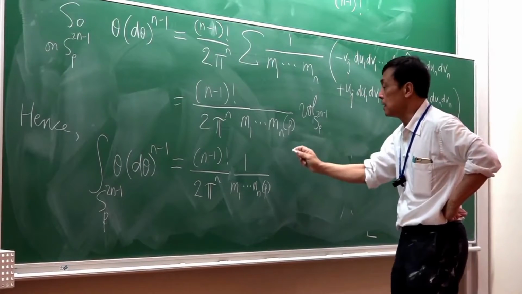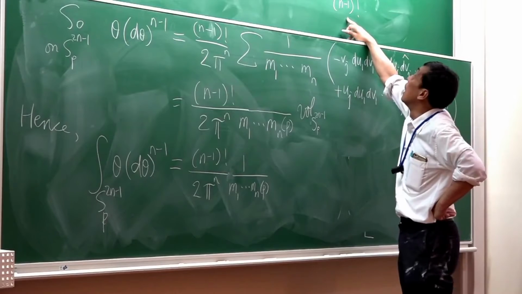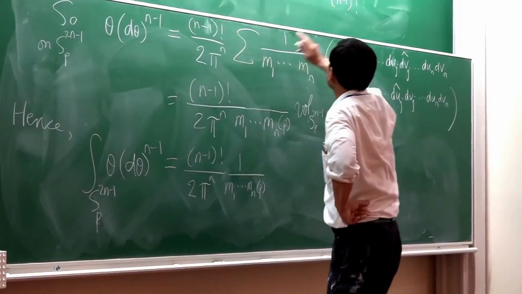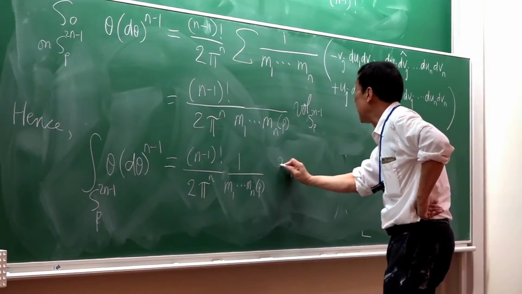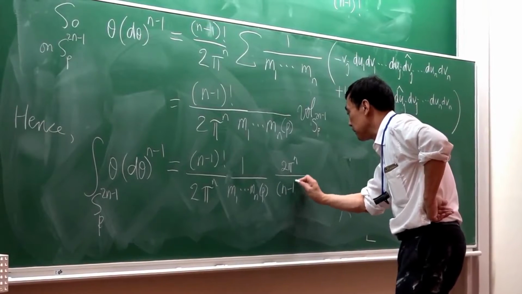The surface area of the sphere of dimension 2n minus 1 is given by this formula. So it's 2 pi to the n over (n minus 1)!.